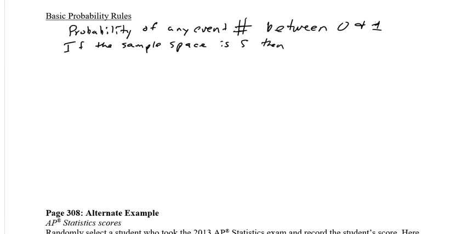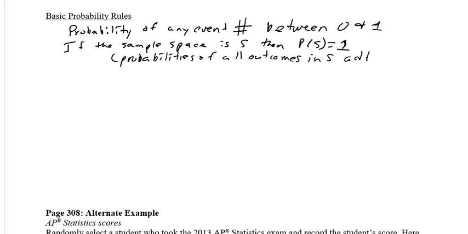You can't get something out of the sample space. And the probabilities of all outcomes in S add to 1. Can't have it add to more than 1 or less than 1, because if it's less than 1, we're missing something from the sample space, and we can't have probabilities that are more than 1. Okay.